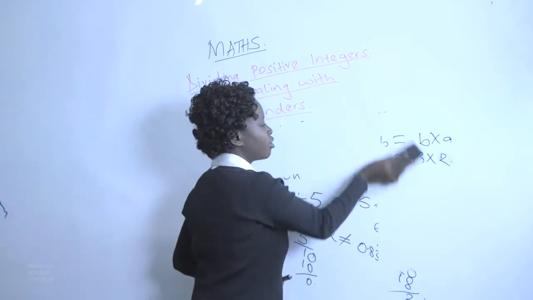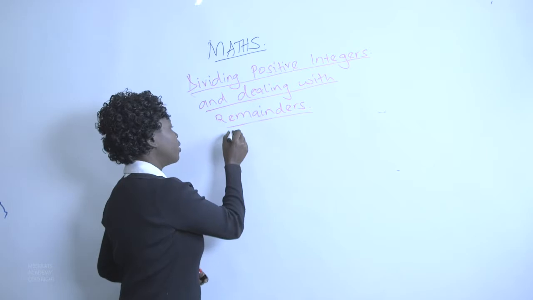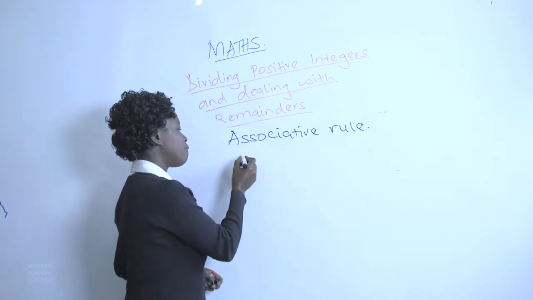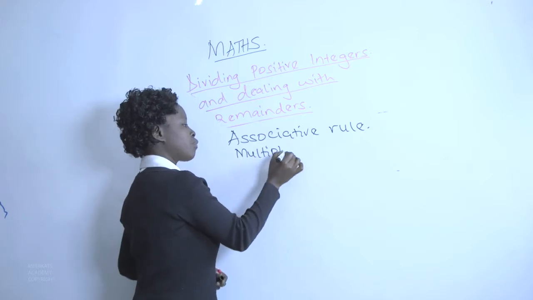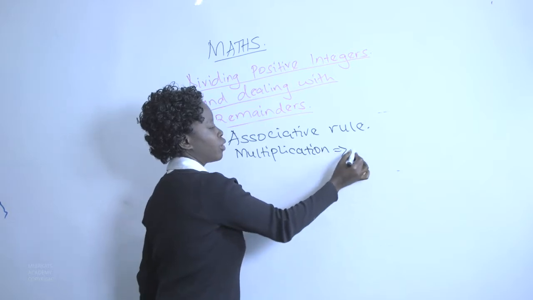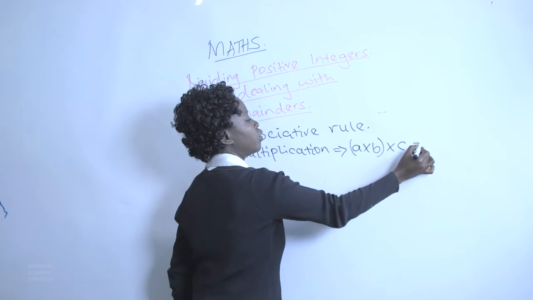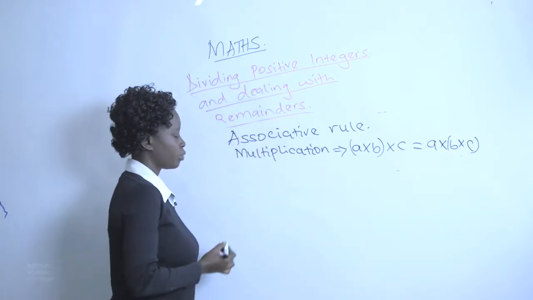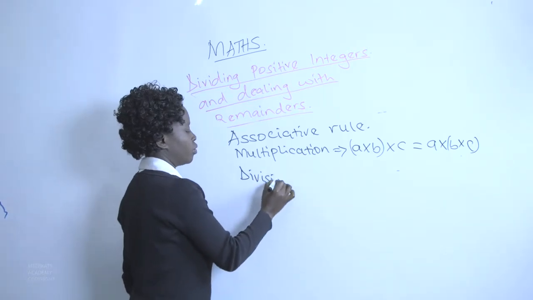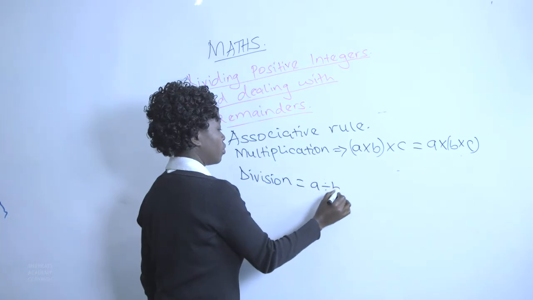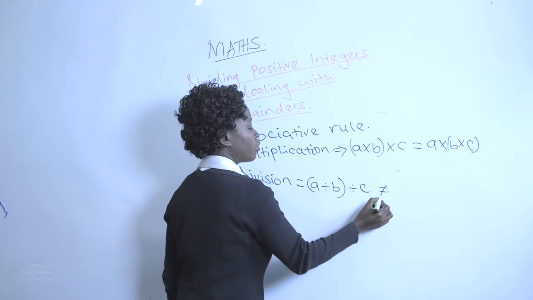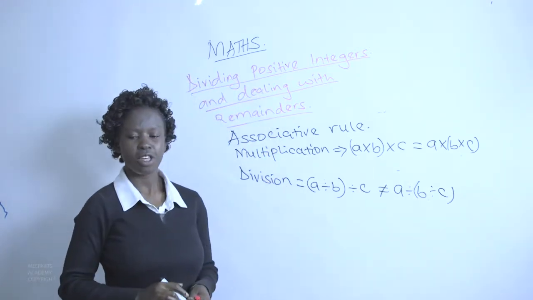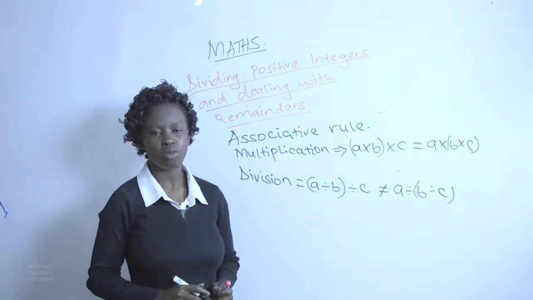The other rule that we looked at when we were multiplying numbers, the associative rule, we were talking about a pair that you start with doesn't matter.